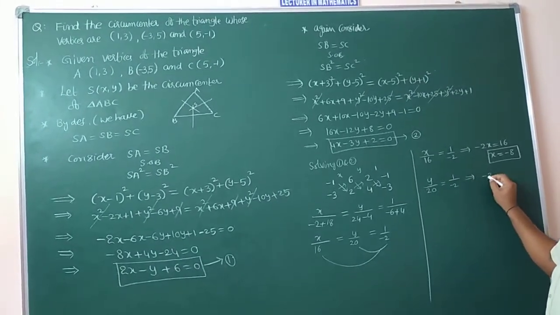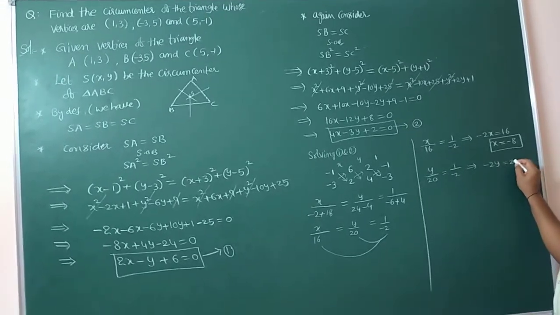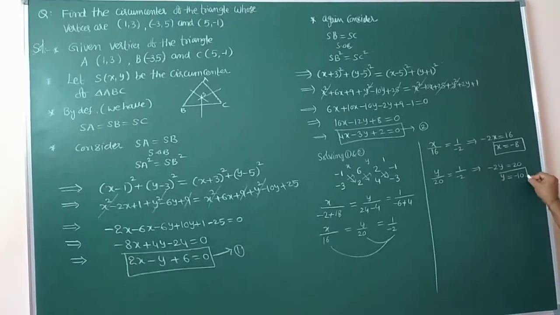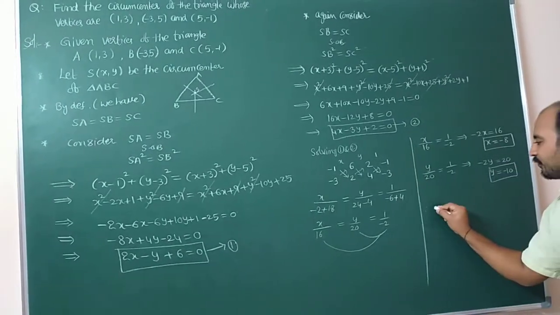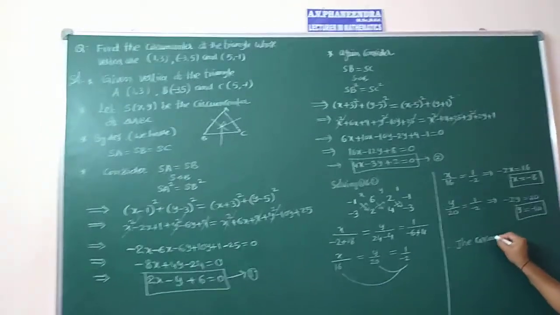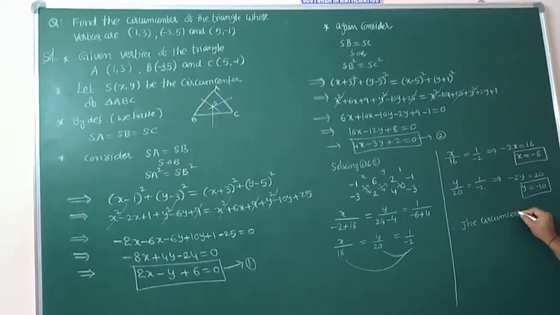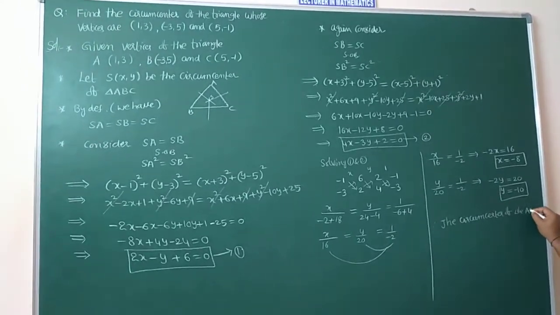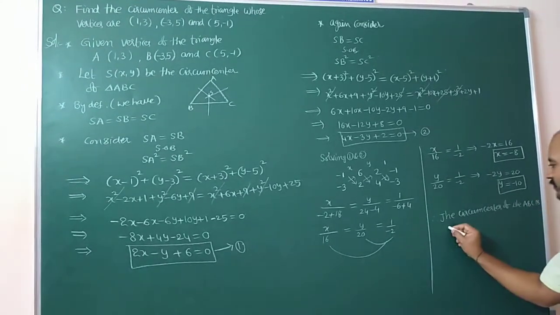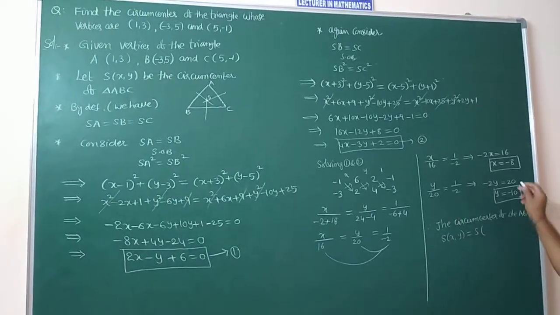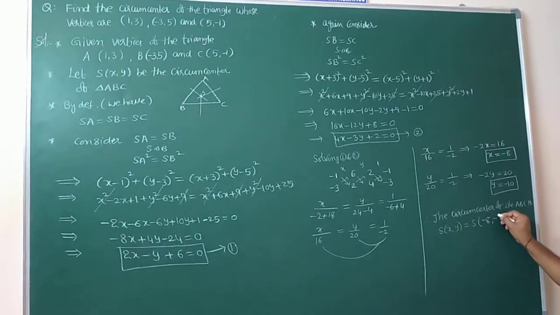Cross multiply, minus 2y is equal to 20, y is equal to minus 10. Therefore, the circumcenter of the triangle ABC is S of x comma y equal to S of minus 8, minus 10.